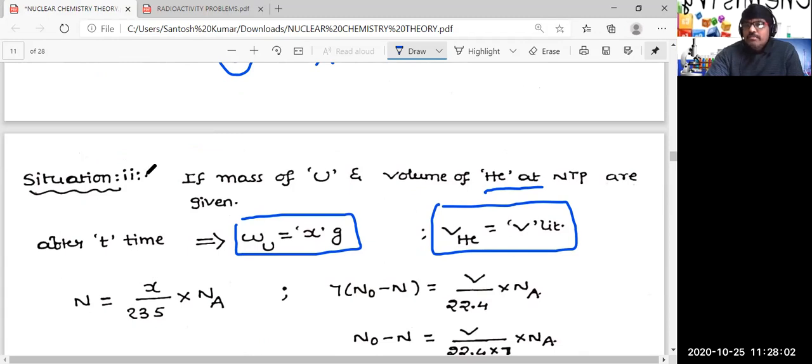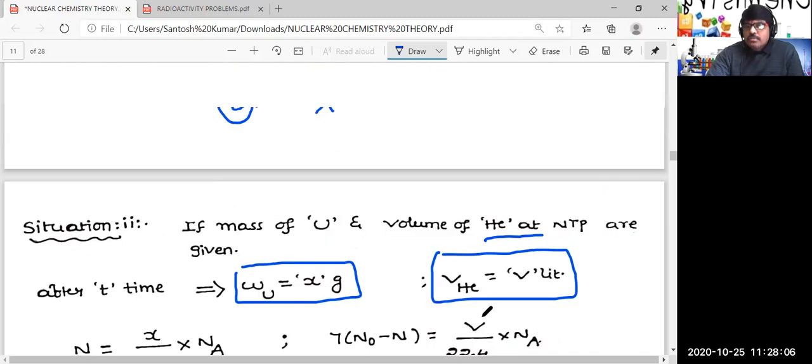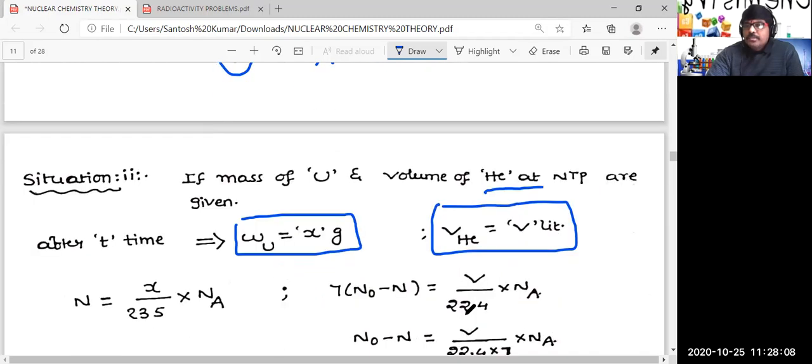Under NTP, the given volume, when divided by 22.4, gives the number of moles of helium. And if the number of moles is multiplied with Avogadro number, you'll get the total number of alpha particles, not helium isotopes, alpha particles. That number is numerically equal to 7 times N naught minus N.